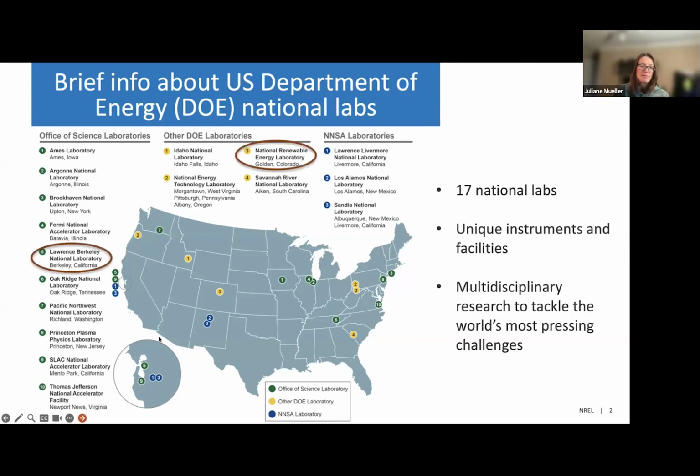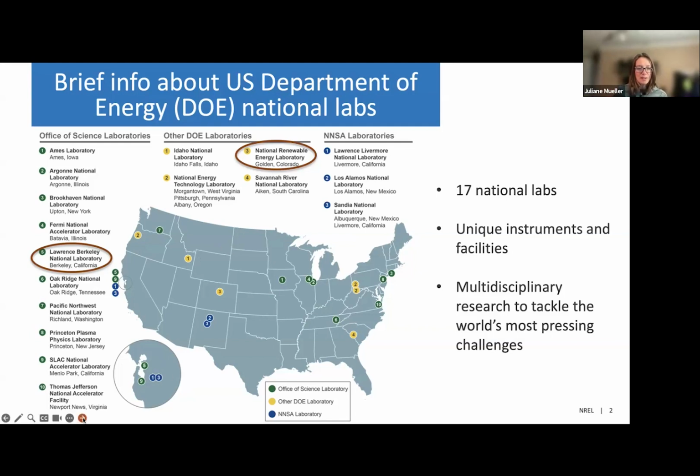In my past, I have worked at 2 national labs. I worked at Lawrence Berkeley for the first part of my career, as a researcher, doing a lot of fundamental science type work. And then 2 years ago, I migrated to the Renewable Energy Laboratory with more of an applied focus, where I now have a part manager, part researcher role.